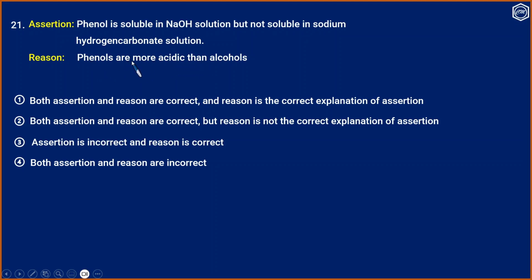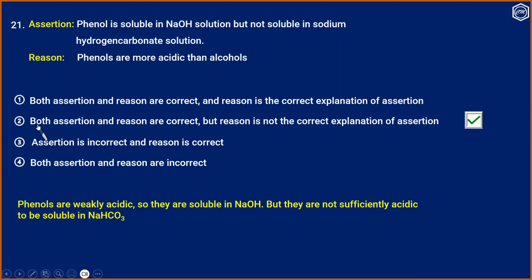The reason is correct, but reason is not the correct explanation of the assertion. So we choose option 2. That is the correct answer. Phenols are weakly acidic, so they are soluble in sodium hydroxide. But they are not sufficiently acidic to be soluble in sodium hydrogen carbonate.